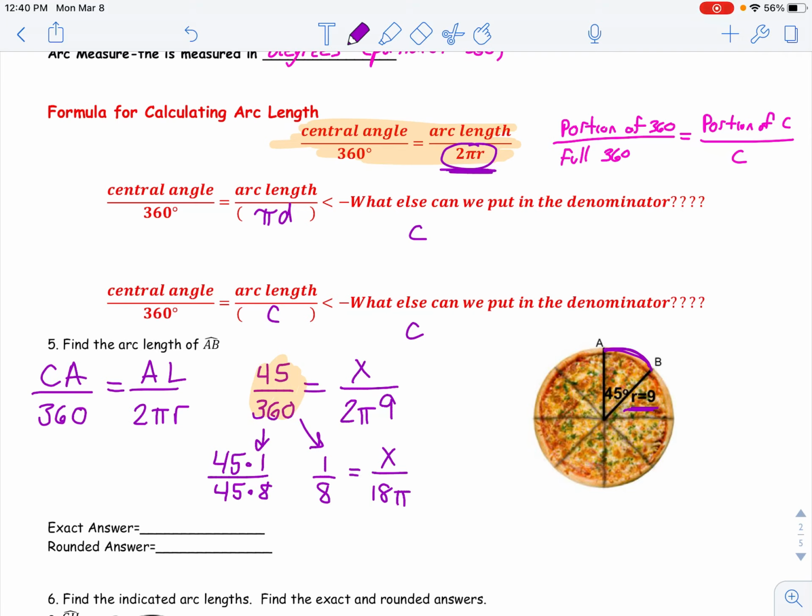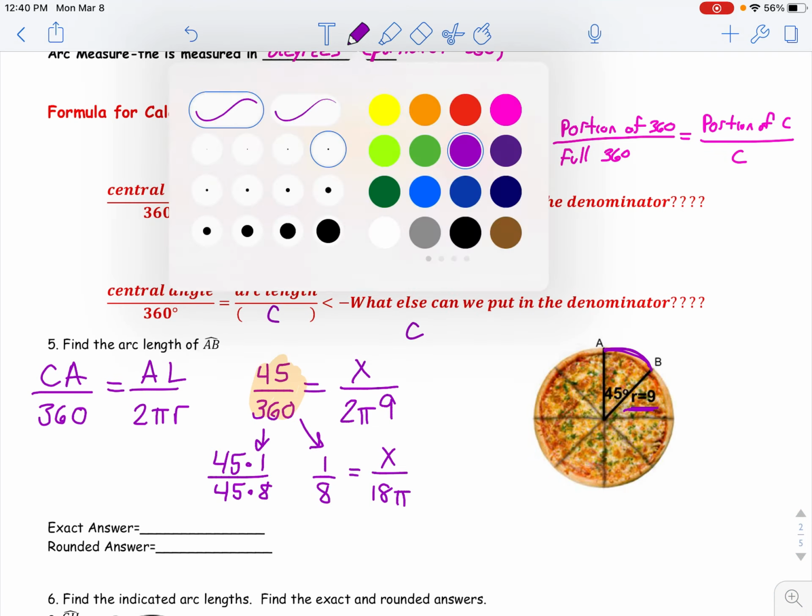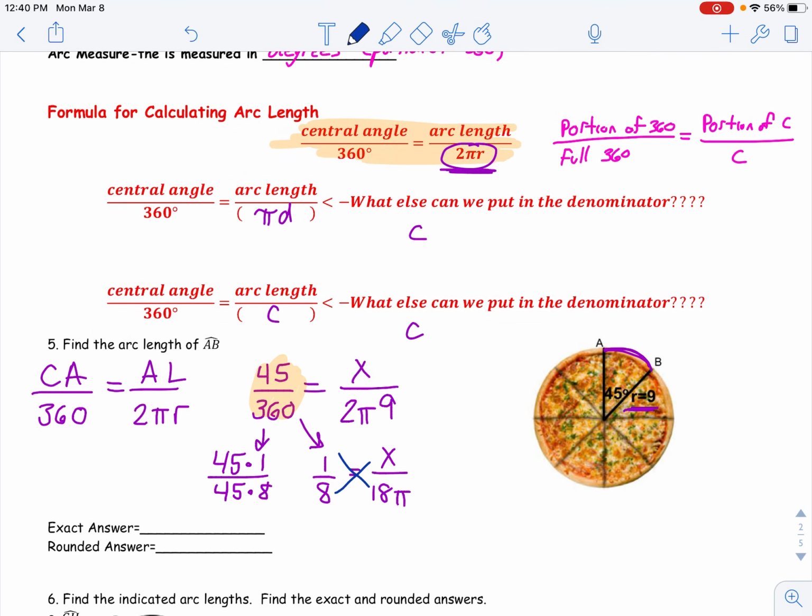Things are going great. From here I'm going to cross multiply, and realize after I cross multiply there are no fractions. It's a common mistake for students to continue to write a fraction. They don't exist anymore. Divide both sides by 8. We get x equals 18 pi over 8, and then I'm going to factor out a 2 from the numerator and a 2 from the denominator, and boom, that's it.